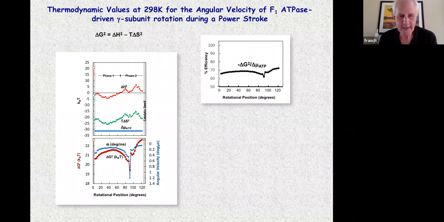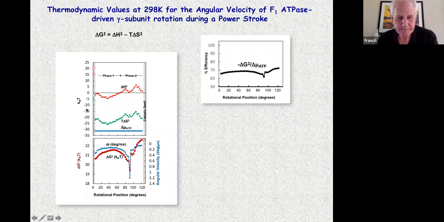We can take the activation energy, convert that to enthalpy. It's essentially multiplying by a constant, so you get the same pattern. But with that, then you can derive both the free energy of activation and the entropy. You can see it's mostly an entropy-driven process.